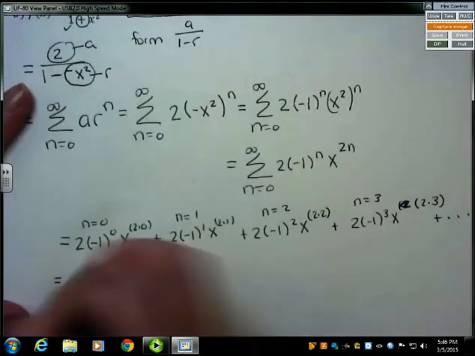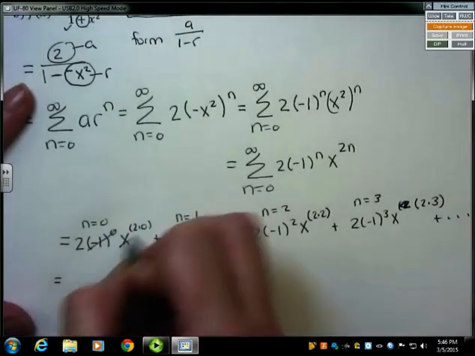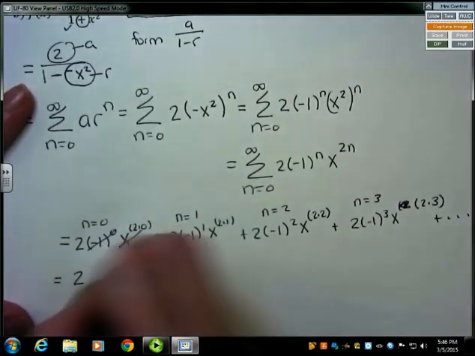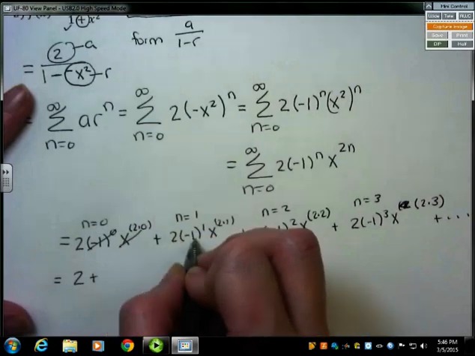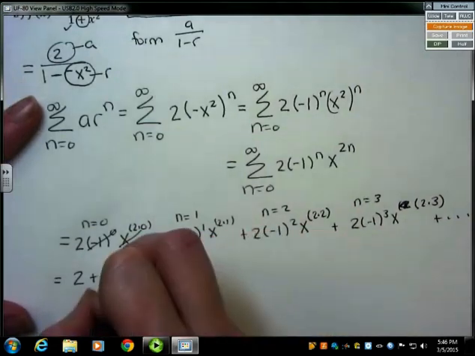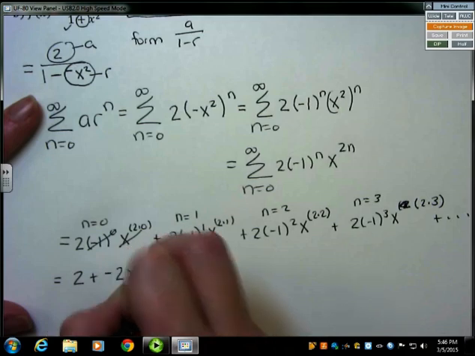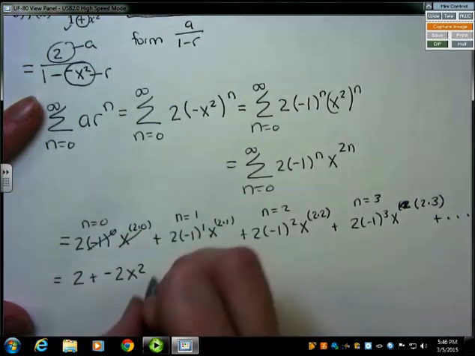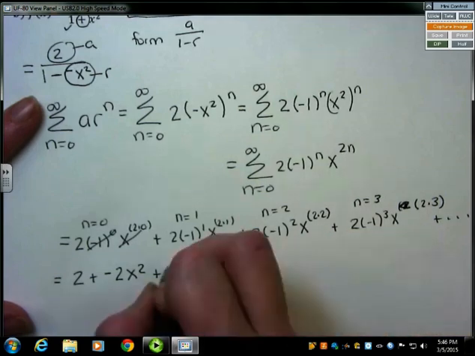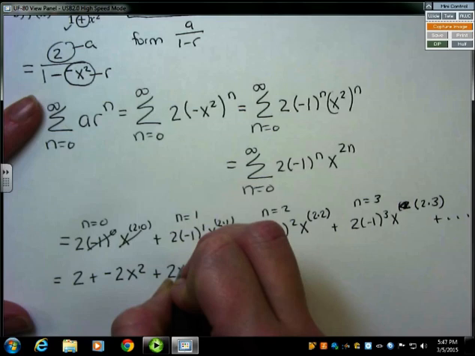So what I have is 2 times 1 times 1. Here I have 2 times negative 1 times x squared, so negative 2x squared. Here I have 2 times negative 1 squared, so just a positive 2 times x to the 4th.